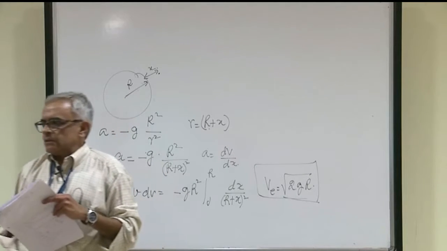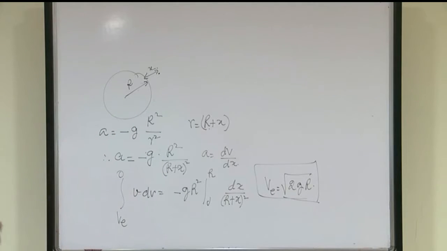Now do this calculation please. What is the radius of the earth? 6,400 kilometers, right? Do the calculation.